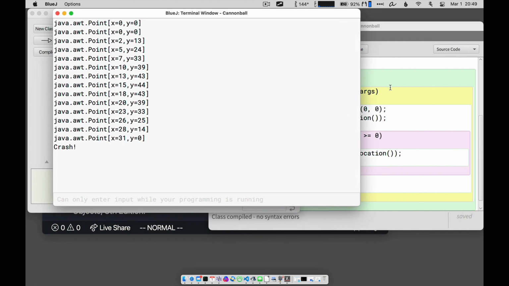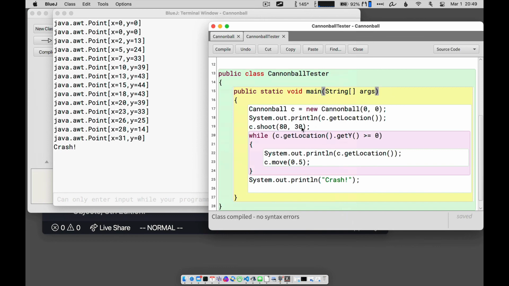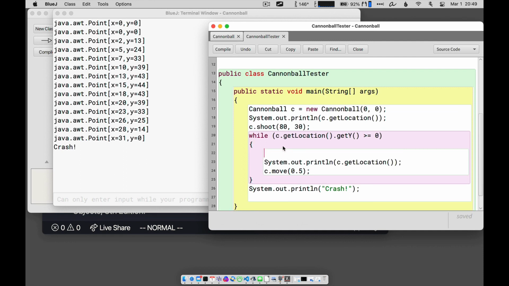I'm not a big fan of this Java AWT point thing, so rather than printing out the c.getLocation, how about if I dress that up a little bit more? System.out.print: the cannonball is at position.